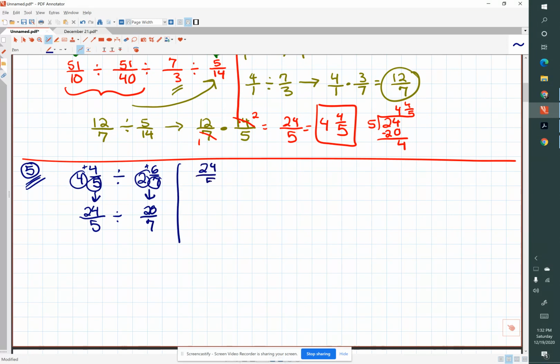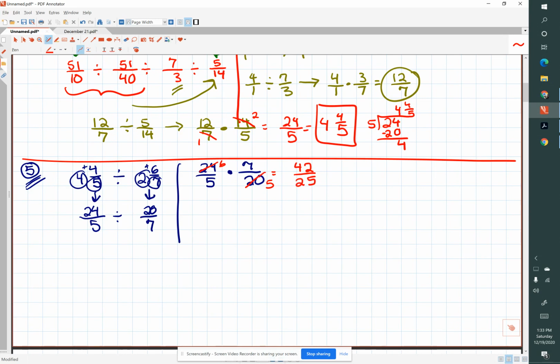24 over 5, change the division to multiplication, and flip the second fraction, 7 over 20. Now, 24 and 20 are both divisible by 4. 20 divided by 4 is 5. 24 divided by 4 is 6. So 6 times 7 is 42. 5 times 5 is 25.